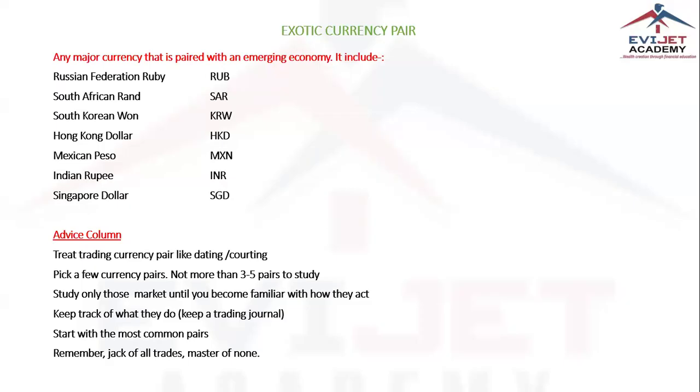All of these are emerging economies. When a major currency is paired with them, especially the USD, because practically only the USD and Euro are paired with these, but mostly the USD, we call them exotic pairs.